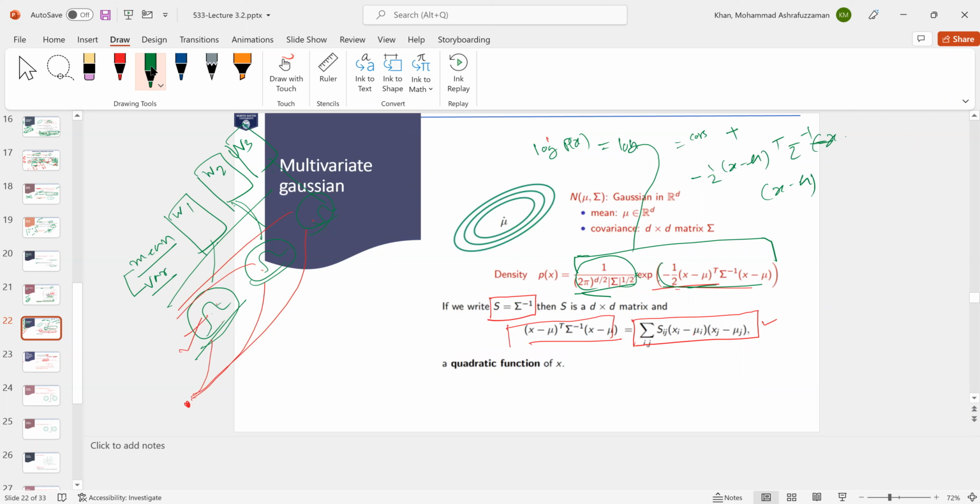That means when we compare, we can ignore the constant values, because the constant values will be the same for everyone. They do not contain any x values, so we'll compare only this term.